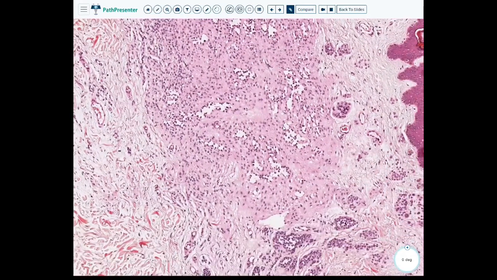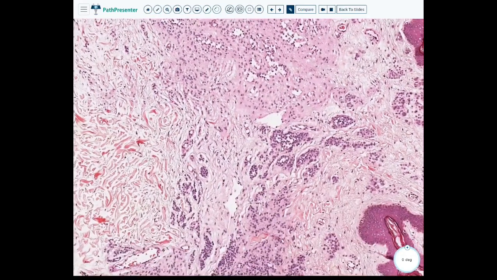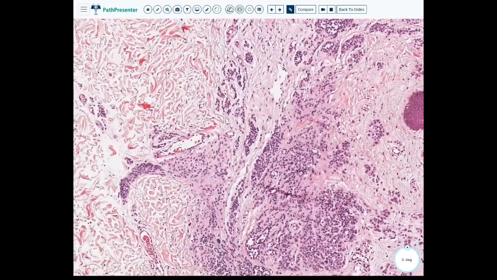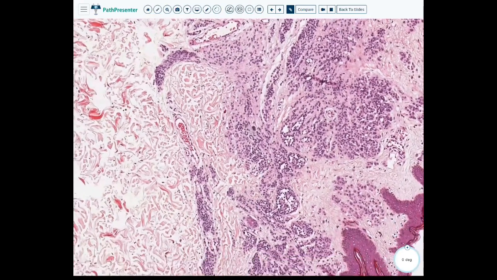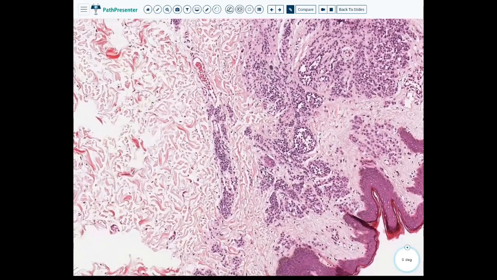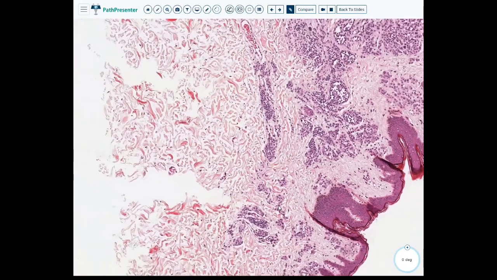But what I thought was tricky about this case, so this was why I chose this one, was that we didn't have any extremely prominent adnexal structures. Like maybe here's part of a hair follicle, but it's difficult to tell.